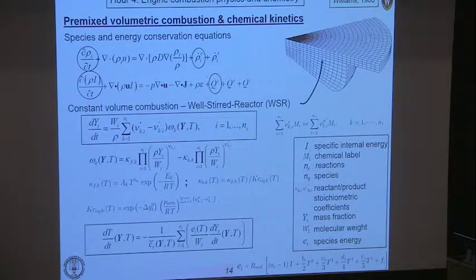The backward rate is often calculated using the equilibrium constant for that reaction, and that's calculated knowing the Gibbs free energy and so on. So I'm not going to go into that in much detail. Once you know the rate of change of species mass fraction, you can multiply by the energy associated with that change and get finally the temperature change due to combustion.